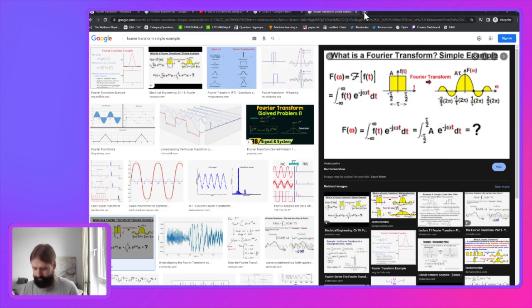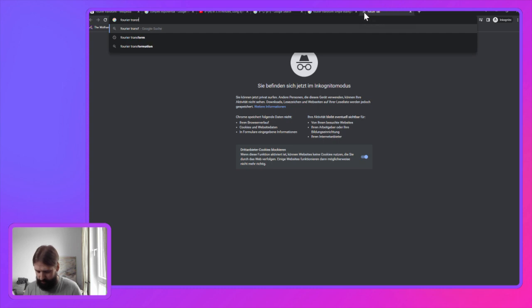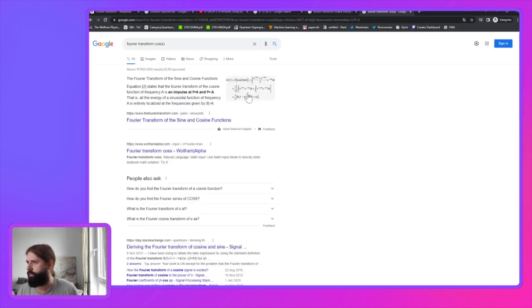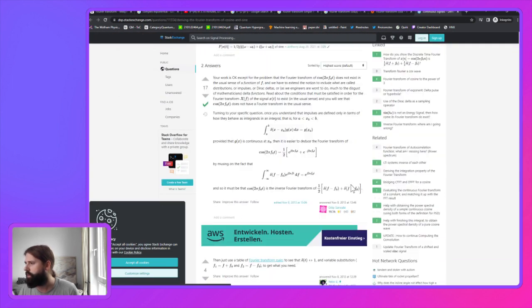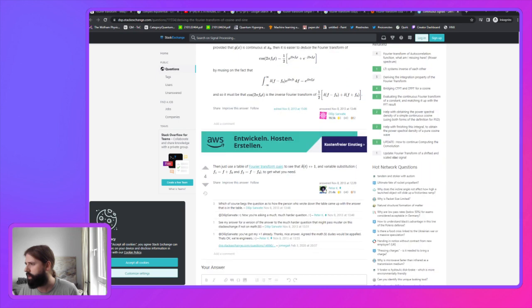So, Fourier transform of cosine of x. Maybe that's what we should look at. But why is it that complicated thing here?